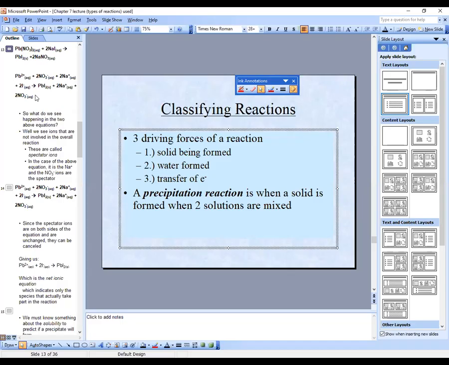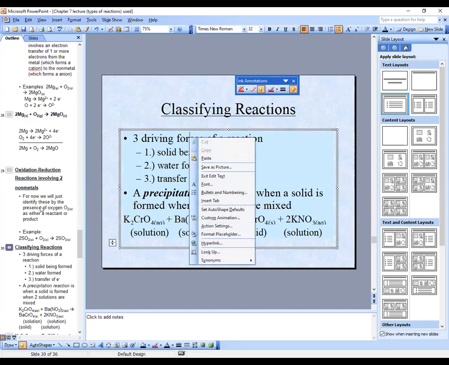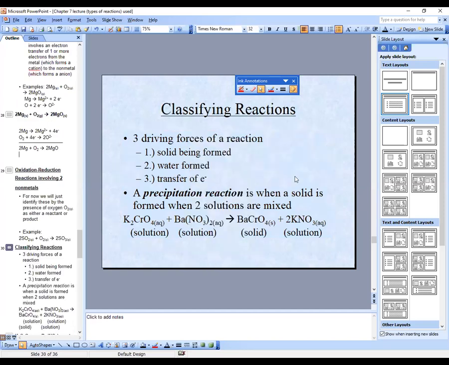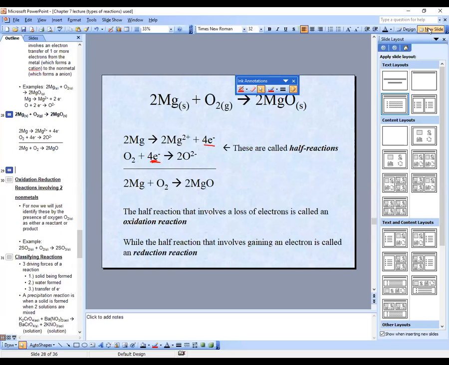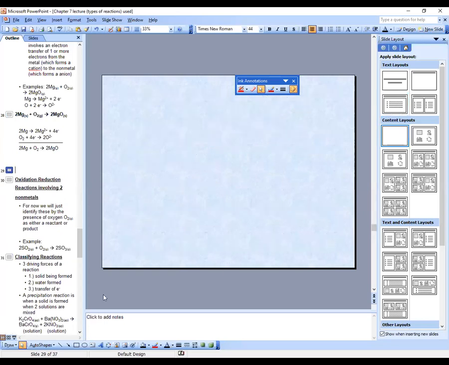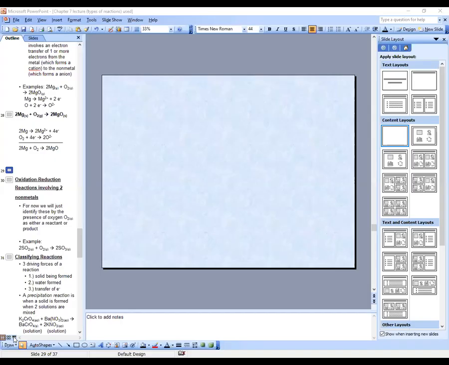There it is. Let's just put a new slide in there. There we go. All right. Then let's pop that back up. All right, let's try that again. Pop that back up. Hopefully, there we go.